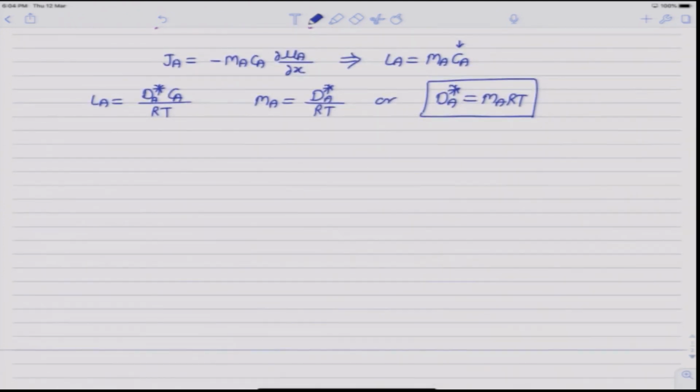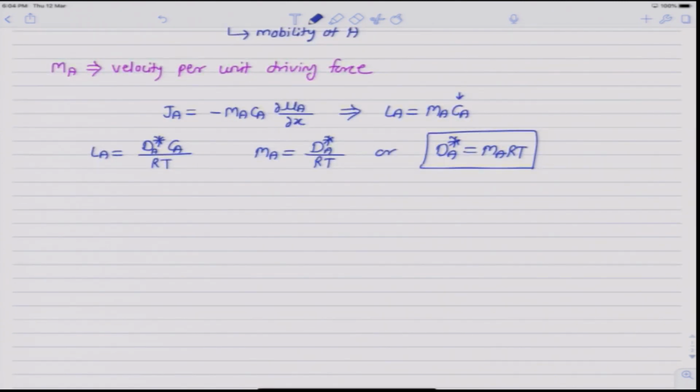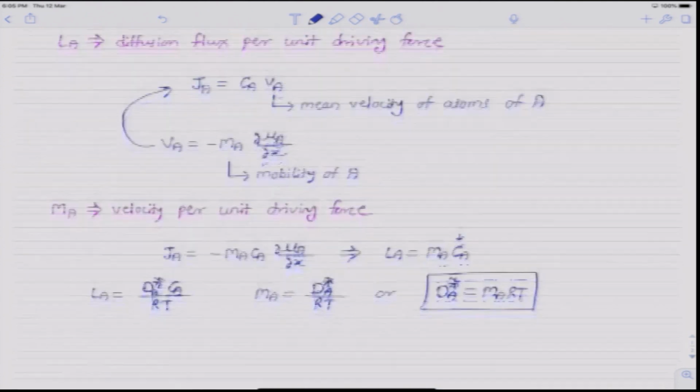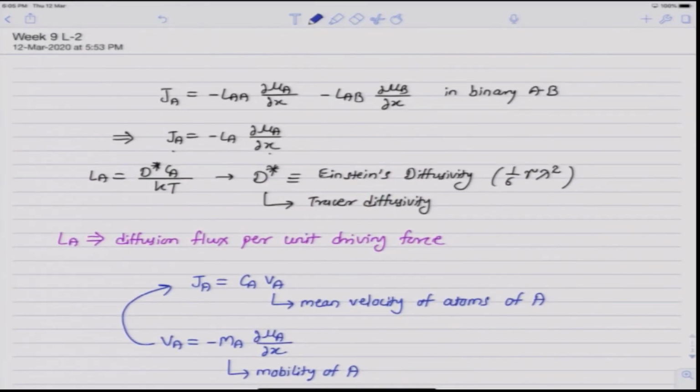So, the tracer diffusivity of A is related to the atomic mobility of A through the simple relation D_A star is equal to M_A RT. Again, this relation is applicable if we are considering a binary system and neglecting the net vacancy flow, because if the net vacancy flow exists, then we also have to consider the cross kinetic coefficient terms, which means the cross mobility terms.